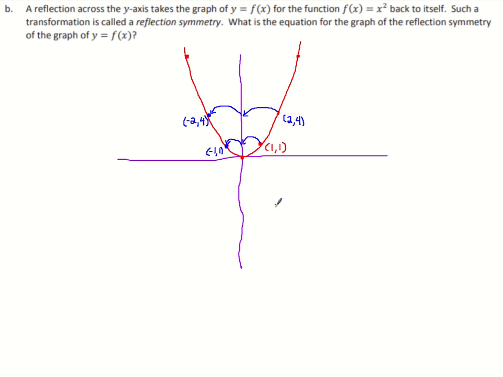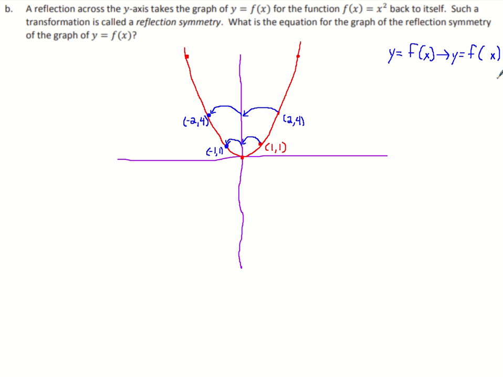So for this specific function, the reflection symmetry of this graph, y equals f of x, is going to become y equals f of negative x. Or you might think that it will become y equals f of x.